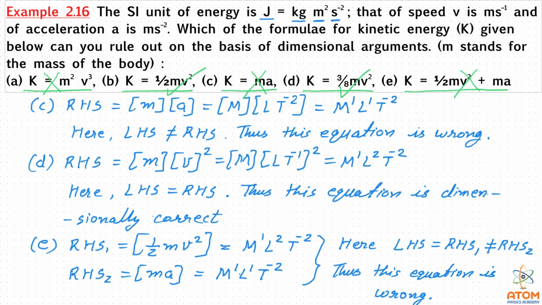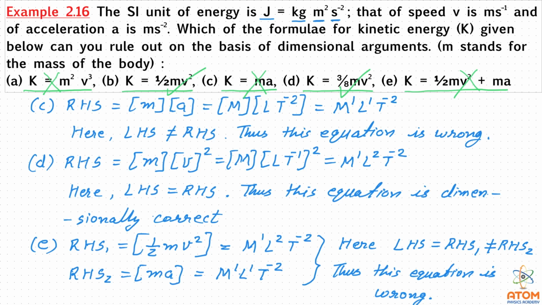Here, out of this second and the fourth equation, obviously one of the equations will be right, because the second equation is 1 half mv square and the fourth equation is 3 by 8 mv square. Both cannot be right. Only one will be right. So for that you have to go with the definition, or you have to do the experiment and then check value wise which equation is going to be correct.